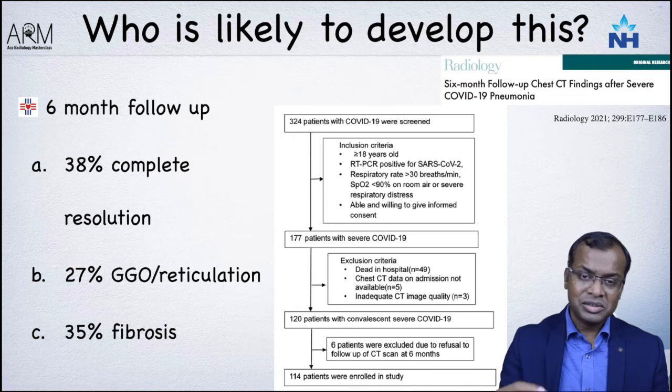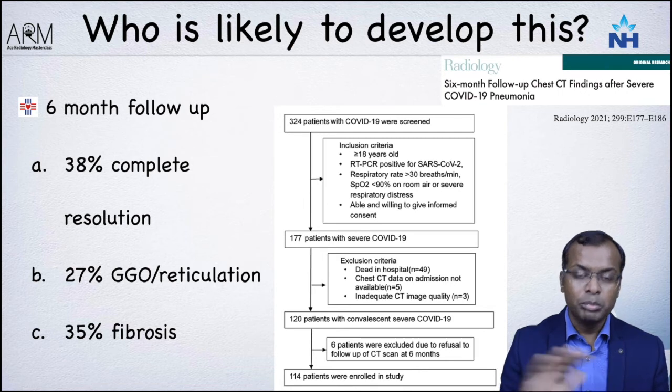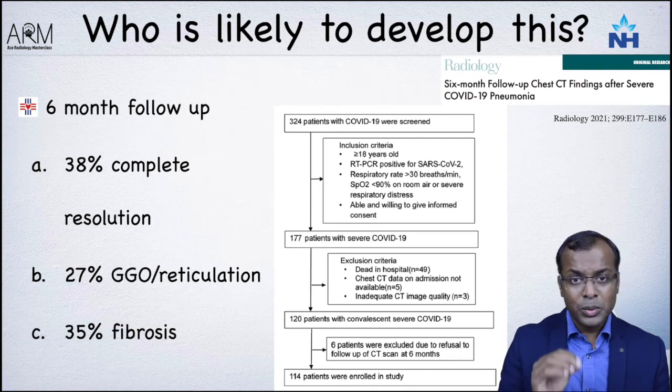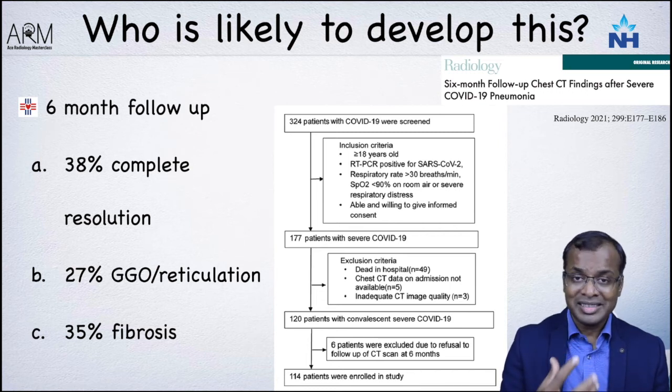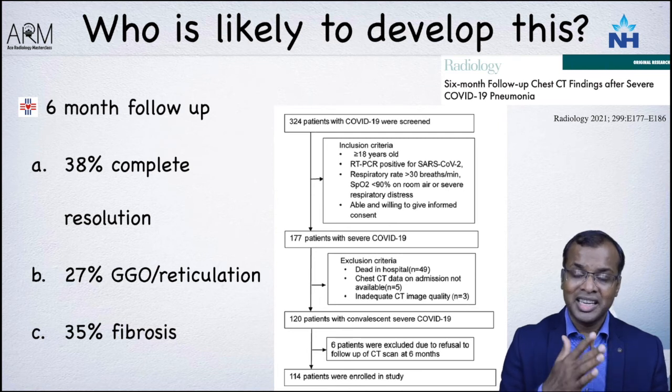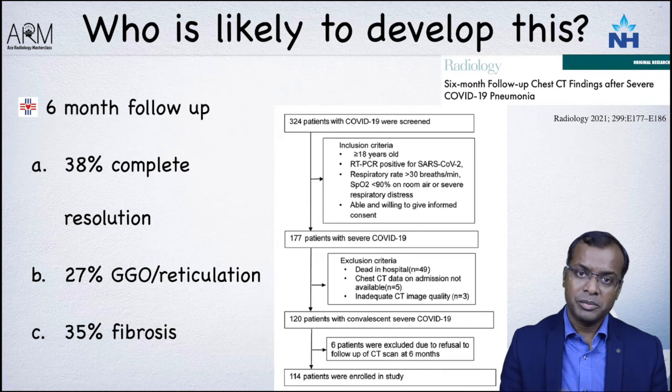What is very nice to see in this case was that 38% had complete resolution. 27% of patients, almost 1/3 of patients, had some degree of ground glass opacities and reticulation present at 6-month follow-up, while the more interesting or alarming finding that we are having is another 35% of patients had fibrosis.